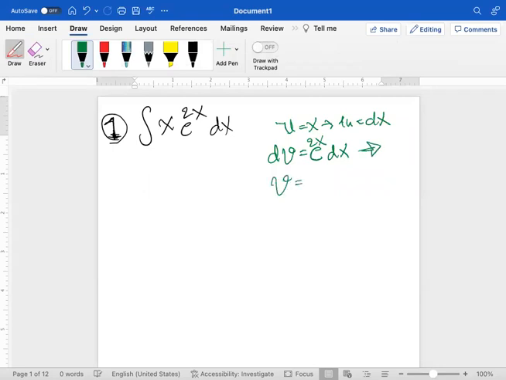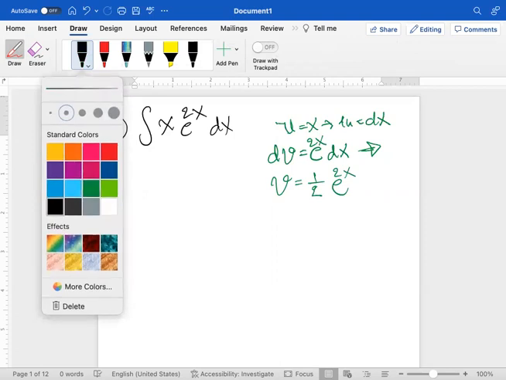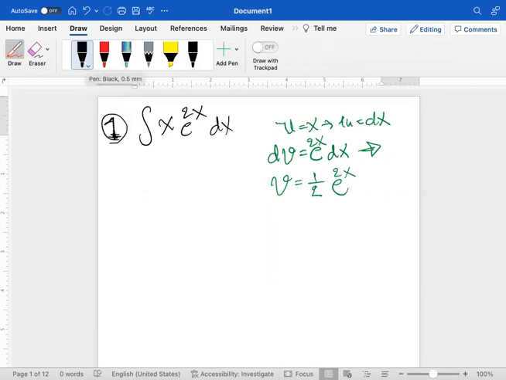Then v would be 1/2 e to the 2x. Okay, so now I have my u and my v, so I'm ready to plug into the formula and find my solution.